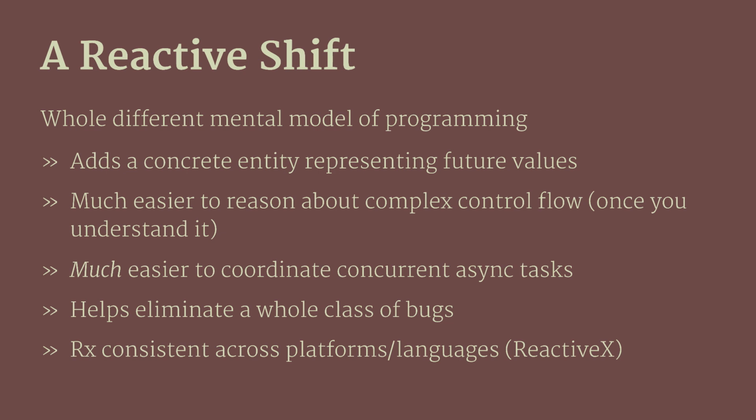And Rx itself is consistent across platforms or languages under the ReactiveX umbrella. So RxSwift, RxJava, RxRuby, a bunch of different languages, they all have the exact same pattern. And while some operators might be named slightly differently, they all basically can do the same thing.